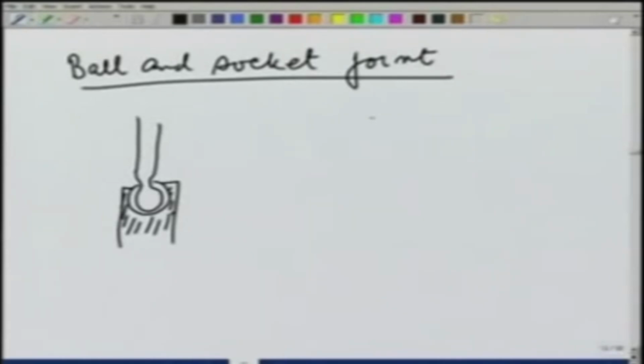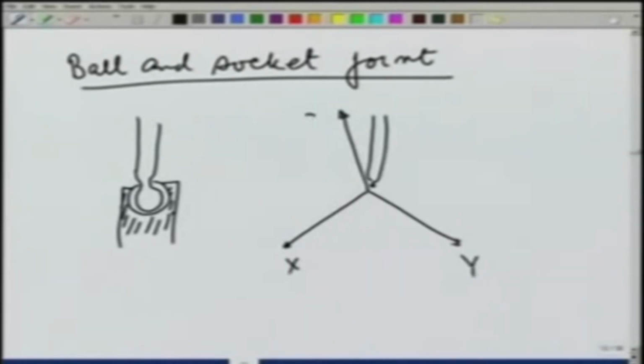So, a ball and socket joint, let me just show it like this, is capable of giving force in x, y and z, all three directions. Let us say this is the z direction. On a socket joint, it can provide a force in x direction, it can provide a force in y direction and it can provide a force in z direction. This is the three dimensional counterpart of the pin joint or hinge joint of two dimensions.